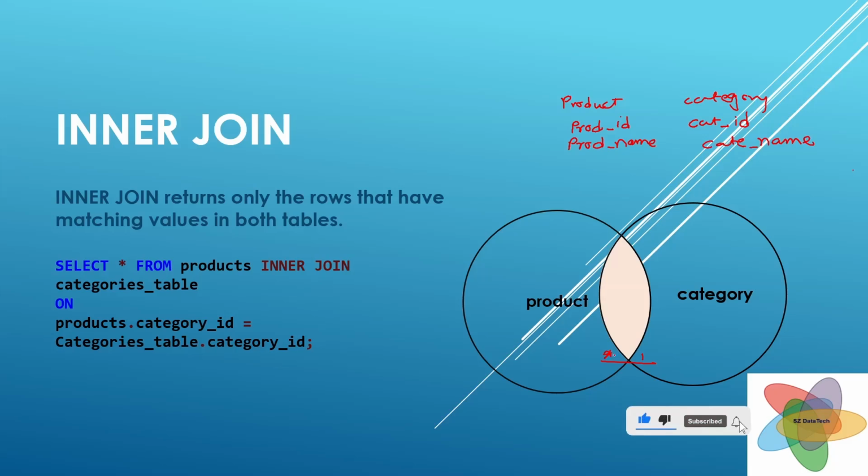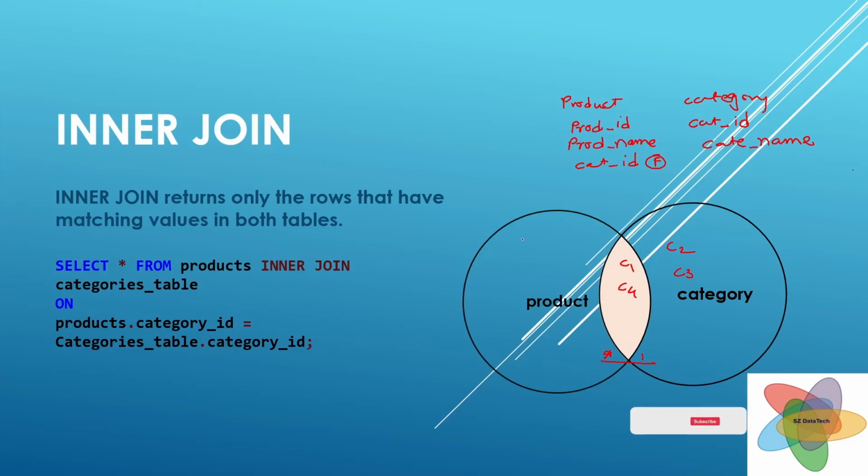Now we want to apply this one to many relationship over these two tables, so we can use the column category ID, which is the foreign key referring to the category table. Say we have four categories: C1, C2, C3, and C4.